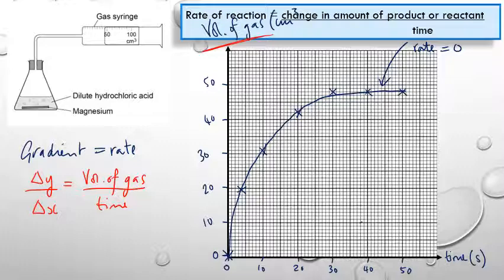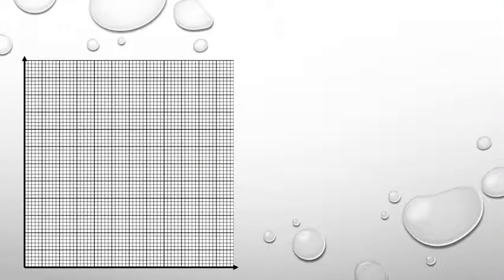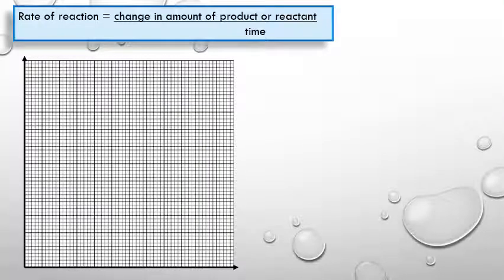But we've got a curve, so it's much harder to work out the rate, and we have to draw something called a tangent, which I think you will also have come across before. So imagine this is my graph. We had a curve that looked a bit like that. We had time and volume of gas. And I need to work out my rate at each point.